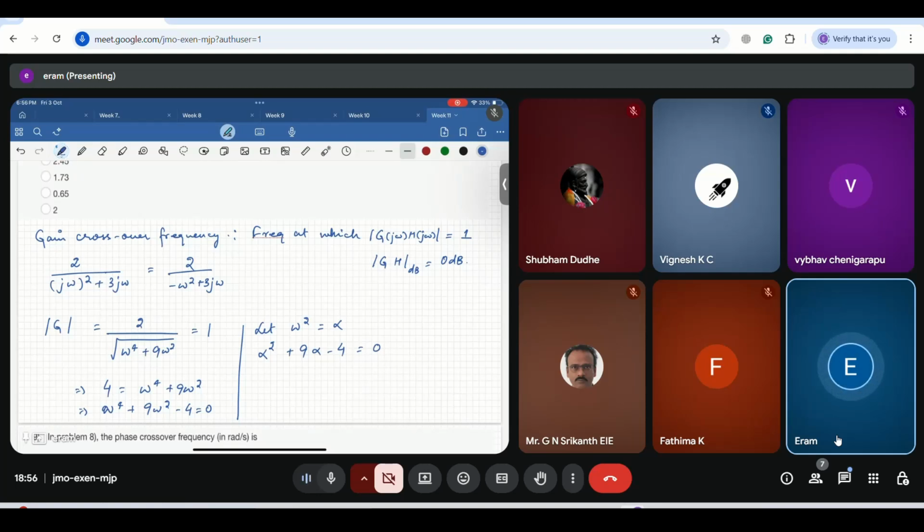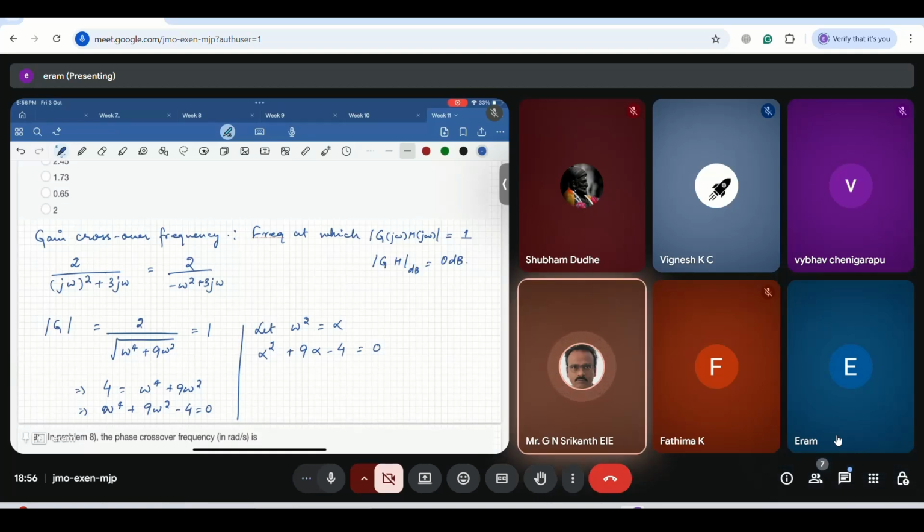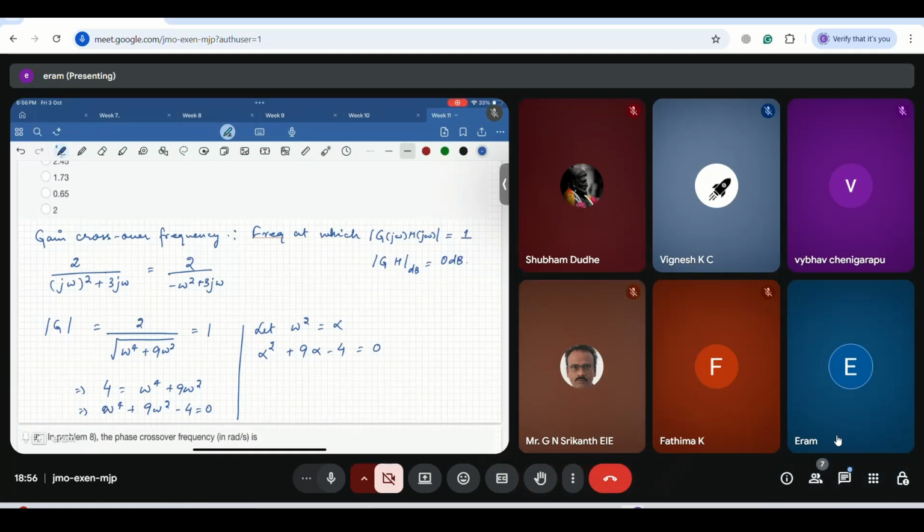Now can you calculate for alpha? You get 0.424, and another one is minus 9.42.